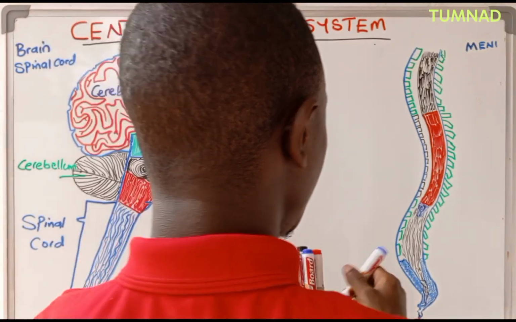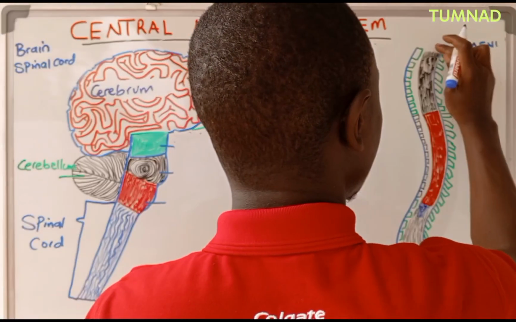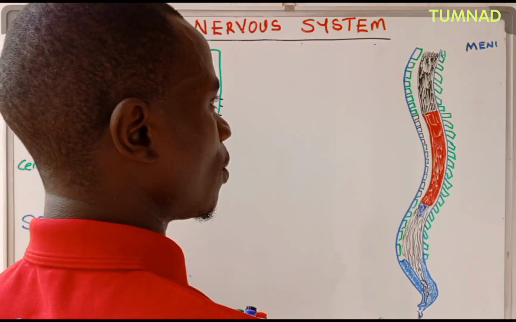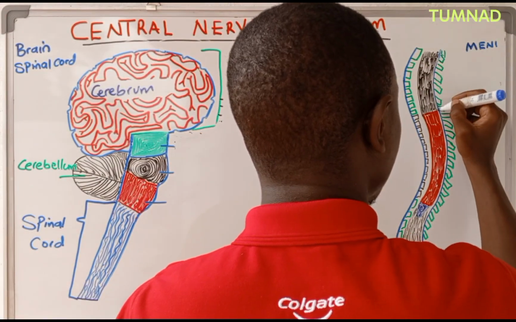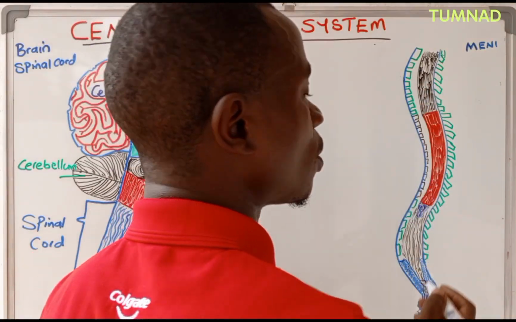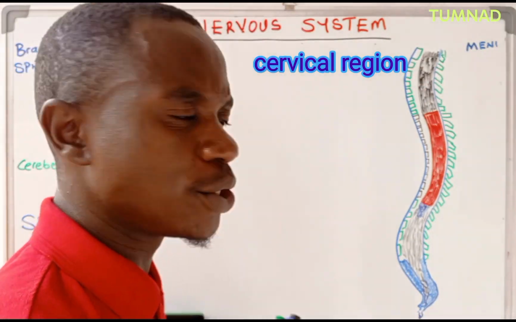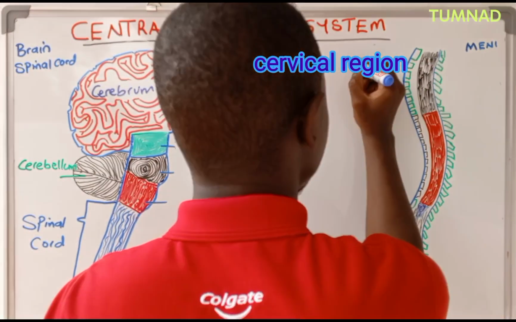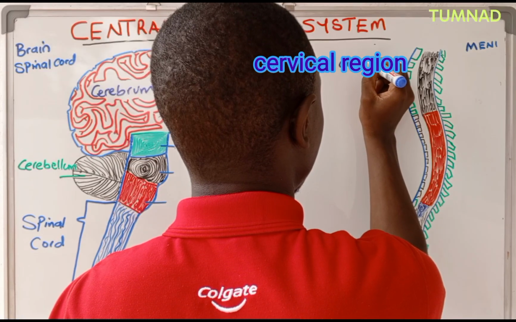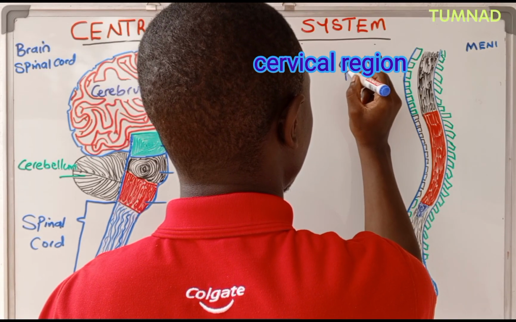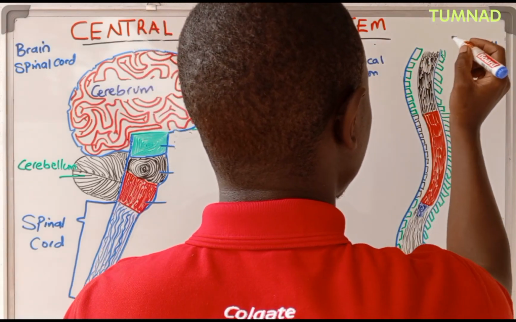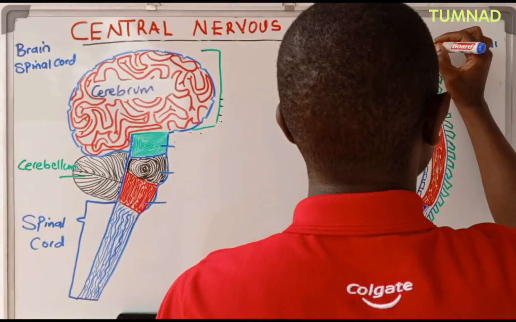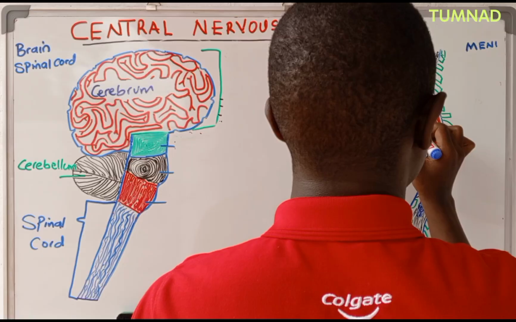When you see the first region, this black tube here, from this point up to this point, this one is what we call the cervical region.